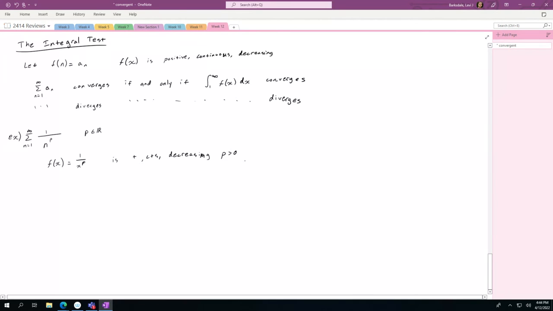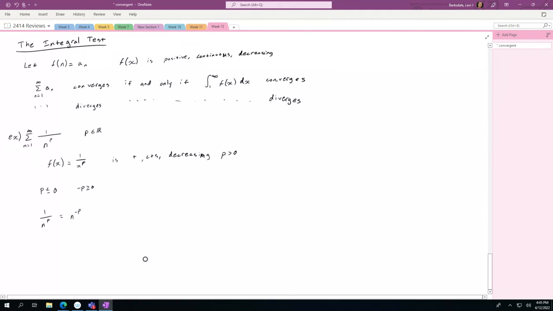All right. So I'm going to break this problem into 2 chunks. First off, if p is smaller than or equal to 0, well then I have 1 over n to the p, which would then be n to the minus p. And since p is smaller than or equal to 0, I know that minus p is bigger than or equal to 0.